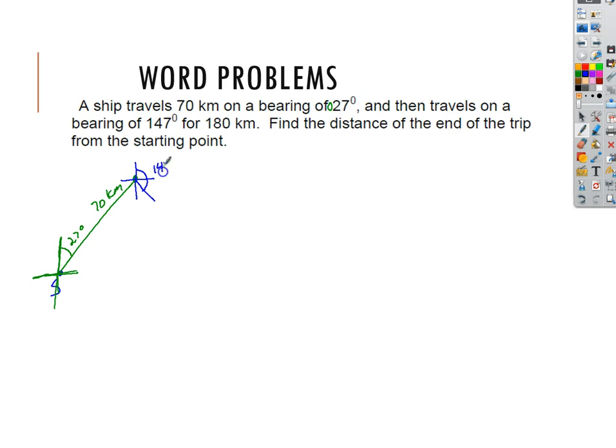That's 147 degrees, and I go for 180 kilometers. All right, there's my end point. I want to find that distance there.